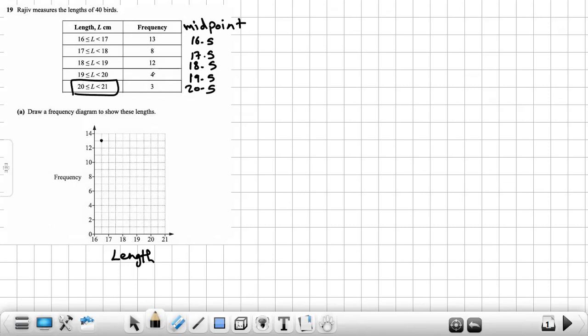Then 17.5, 8, 18.5, 12, 19.5, 4. And for the last one, 20.5, and 3.